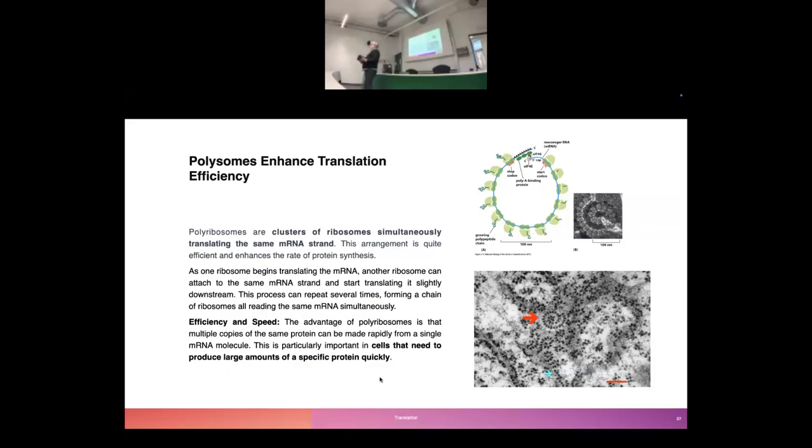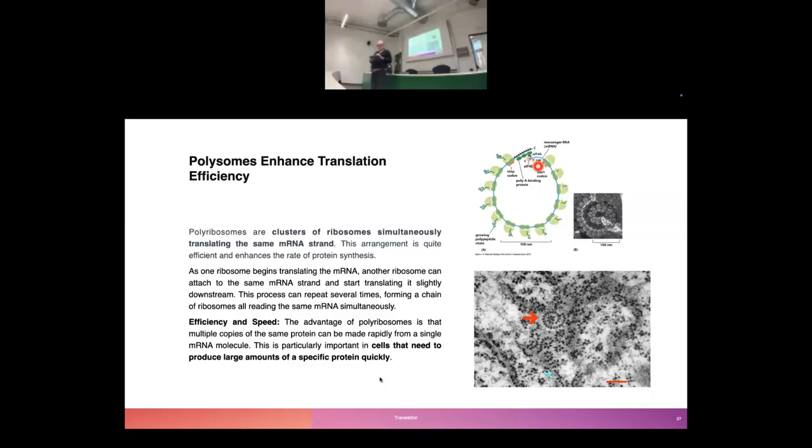The translation process can be also favored. You increase the efficiency by allowing for the initiation of ribosomes one after the other one. So that's what this picture is illustrating. You start from the 5 prime, okay?